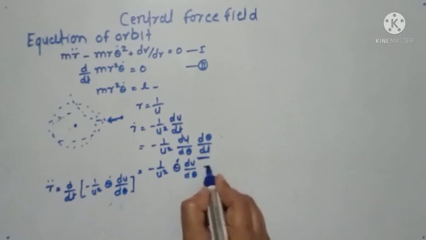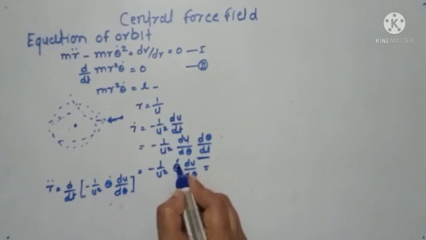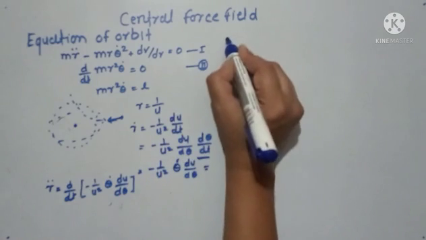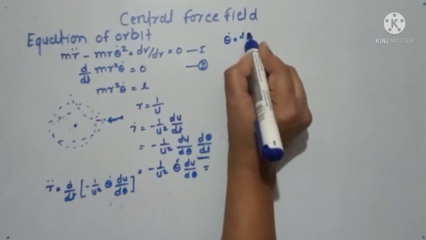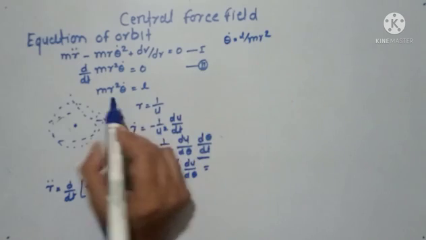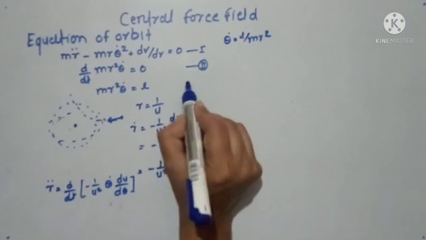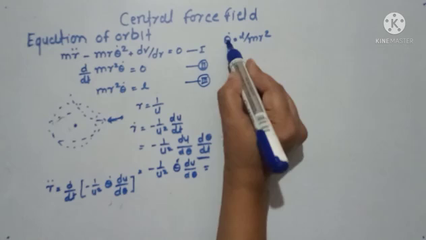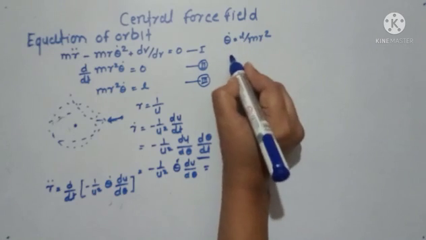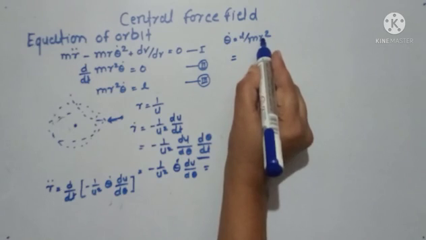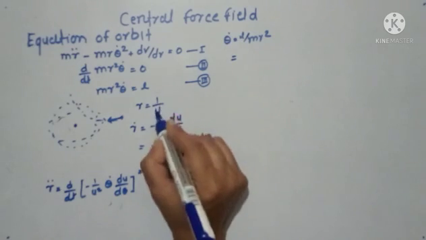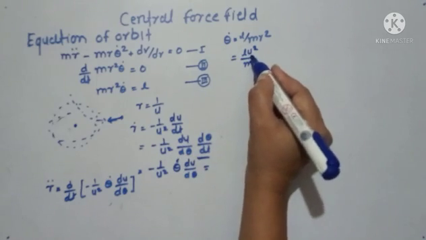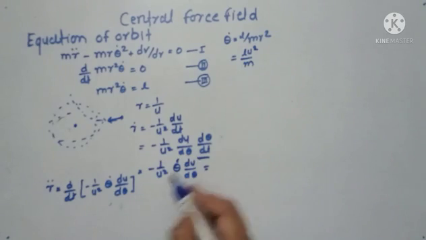I can put the value of theta dot from equation number 3: theta dot is equal to L upon m r square, and we know that r square is 1 upon u square, so it will be L u square upon m. Just put this value into this equation.